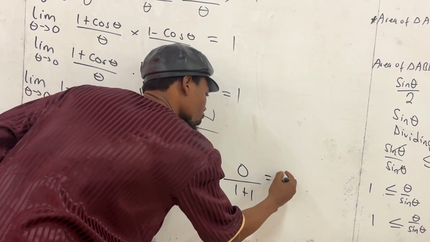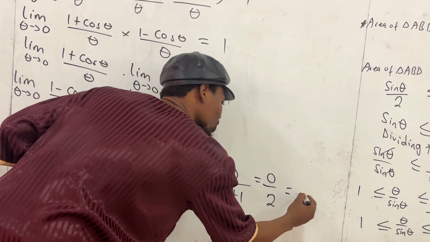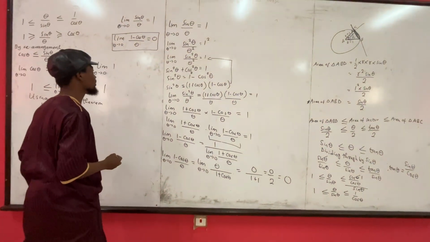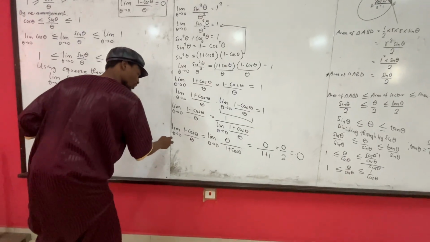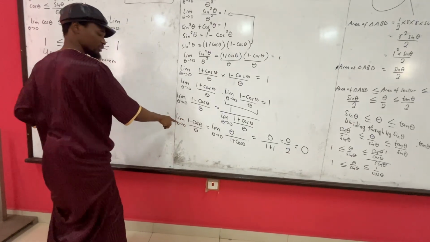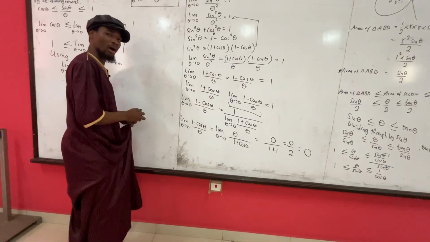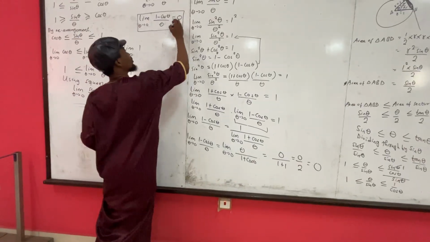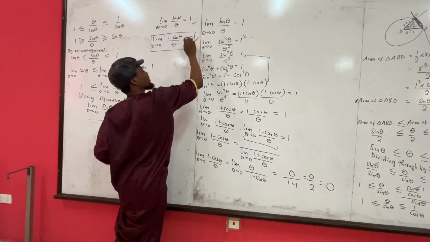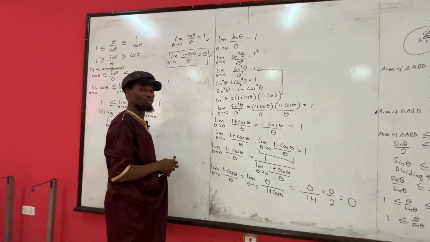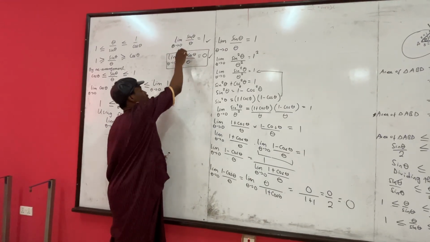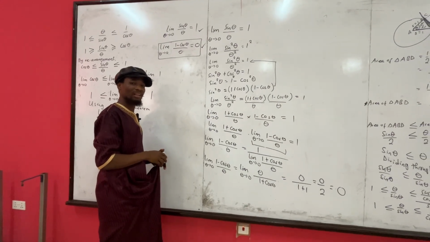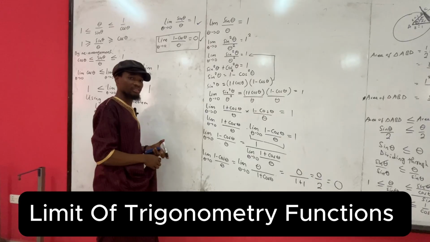So I have 0 over 2, which is equal to 0. As simple as that. Hence the limit as theta approaches 0 of 1 minus cos theta over theta is equal to 0. So this is valid, right? Very true. Viewers, note these identities very well, especially when you are tackling limits of trigonometric functions.